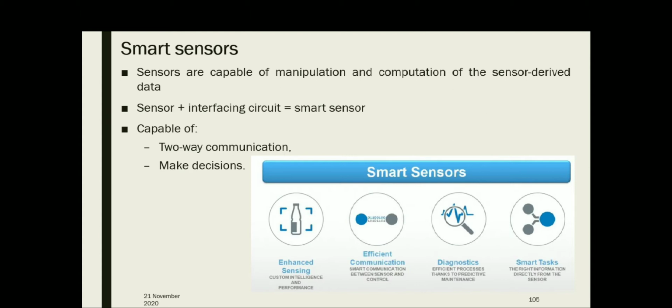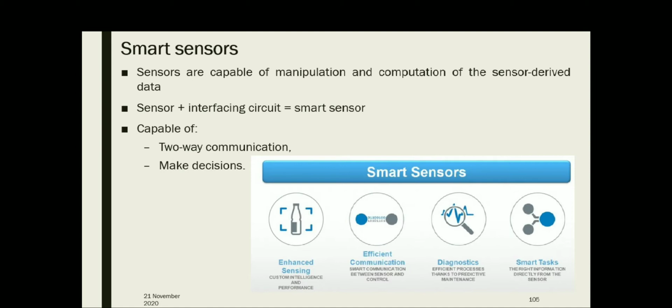A smart sensor is a device that takes input from the physical environment and uses built-in computer resources to perform predefined functions upon detection of a specific input, and then process the data before passing it on.